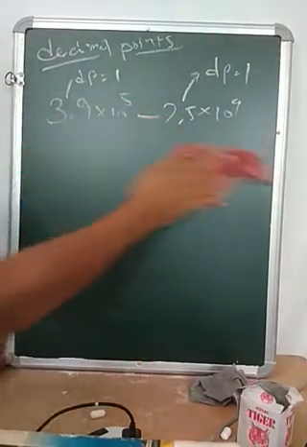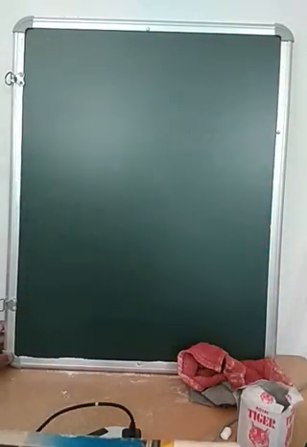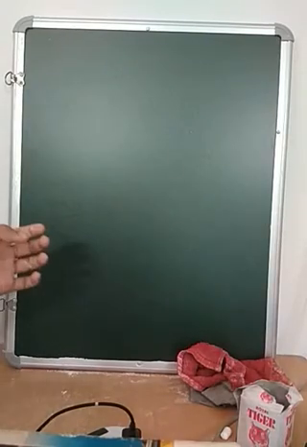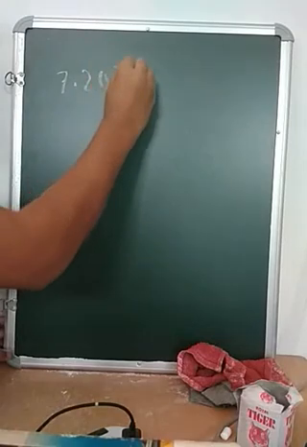And the last question is given that the side of a cube is 7.203 meter.